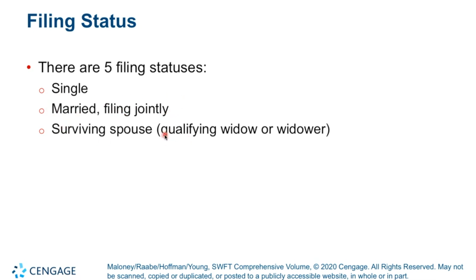Surviving spouse or qualified widow or widower basically allows someone, when they lose a spouse, to file as married filing joint for another 2 years as long as they have a dependent child. And the reason this is beneficial is because, as you'll see when we get into problems, married filing joint is two people paying the same amount of taxes as a single person.